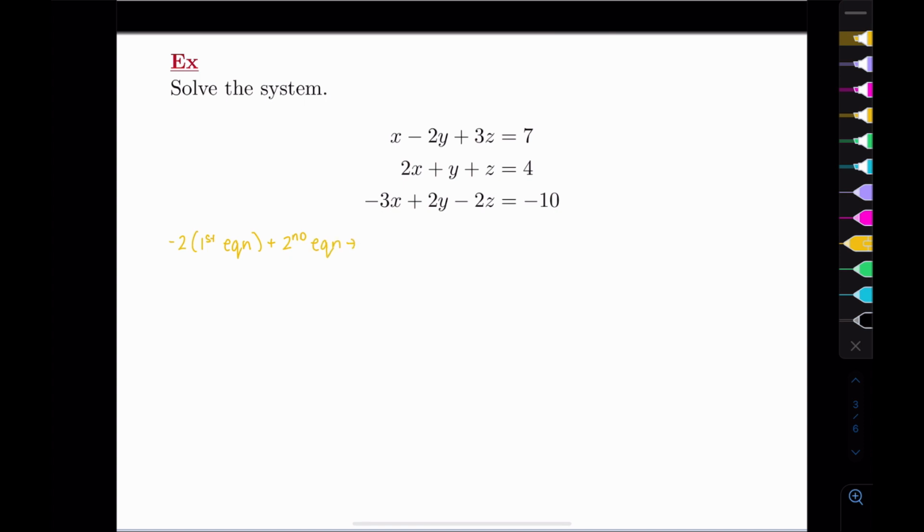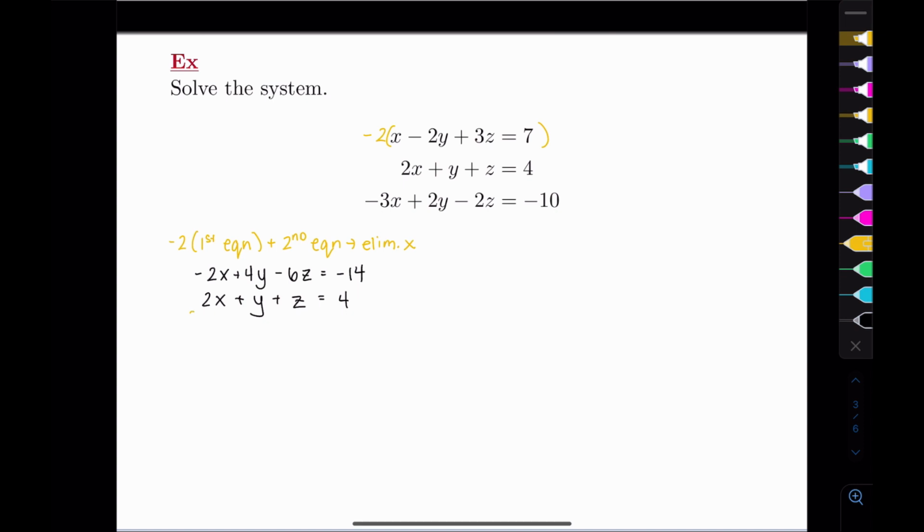So if I take negative 2 multiplied by this equation, that gives me negative 2x plus 4y minus 6z equals negative 14. And then I've done nothing to the second equation, so I just copy that down.